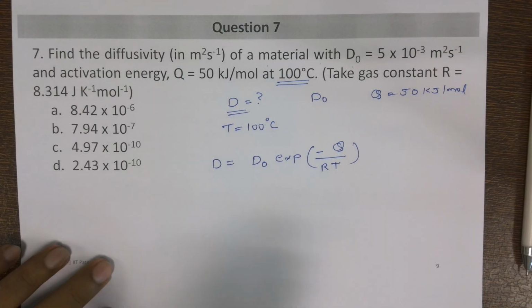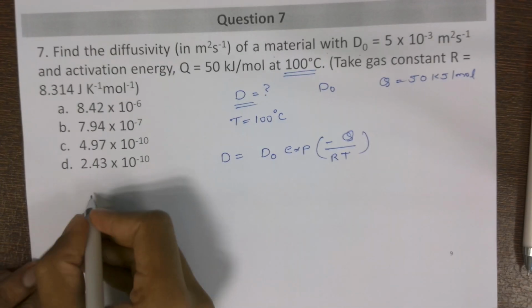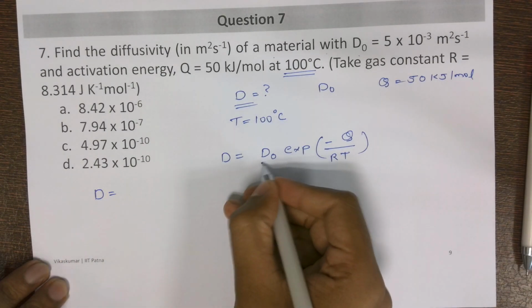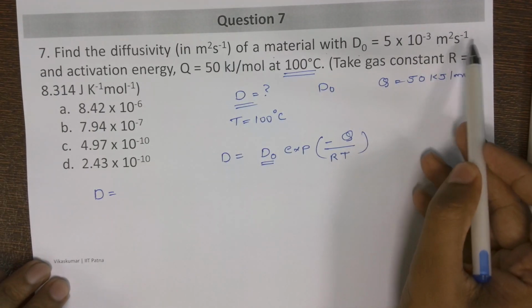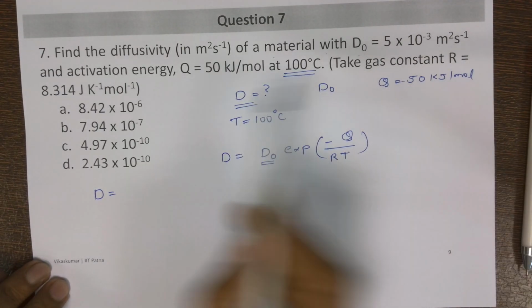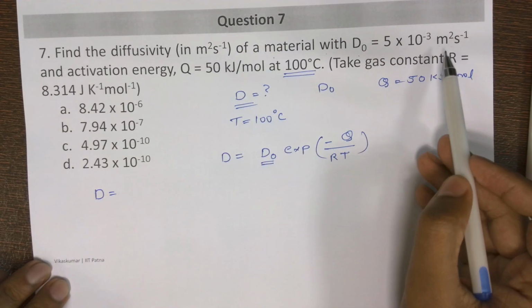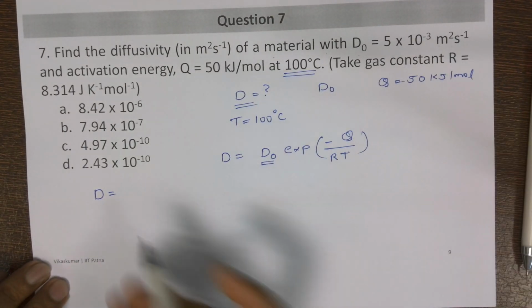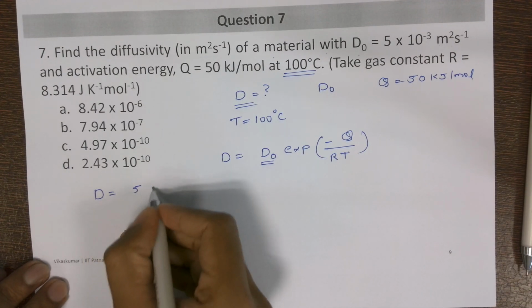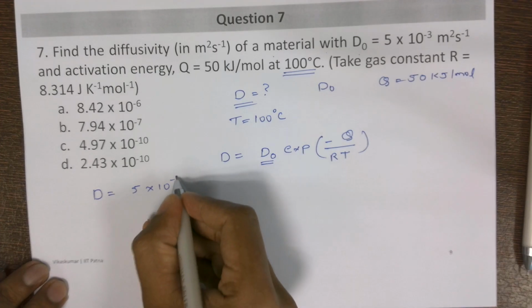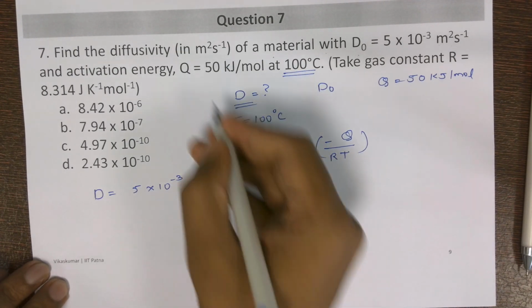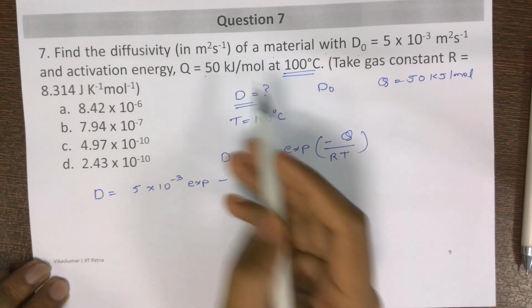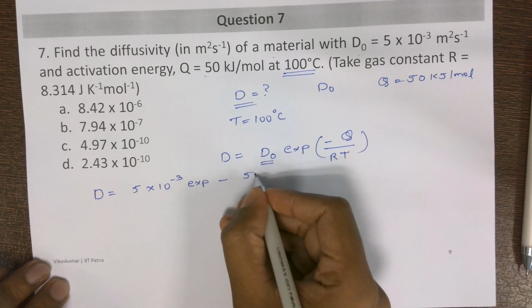We have all the values available to us. Let's try to substitute them. D will be equal to D naught. D naught is also given in meter square per second, which is what is required, so we don't have to change anything in this unit. So we'll write 5 multiplied by 10 to the power of minus 3 exponential minus of Q. Q is given to us as 50 kilojoule per mole.